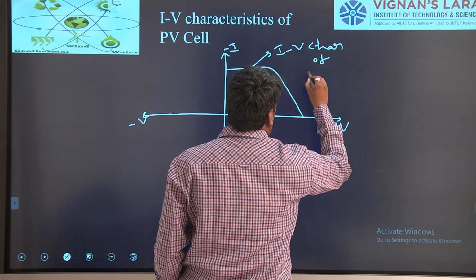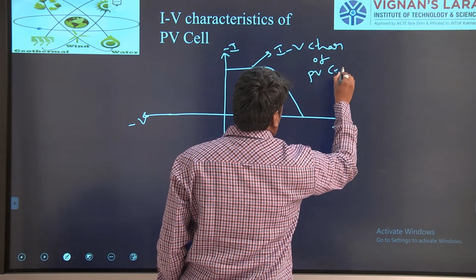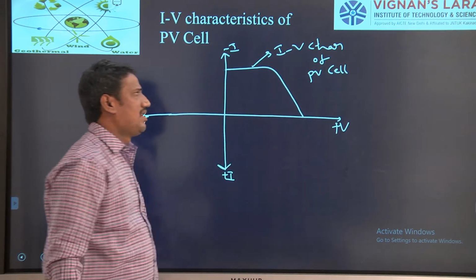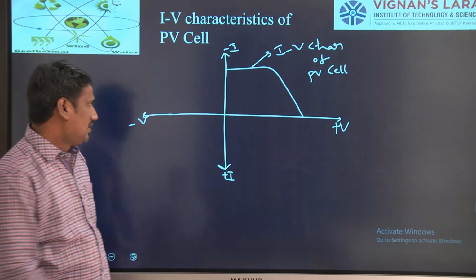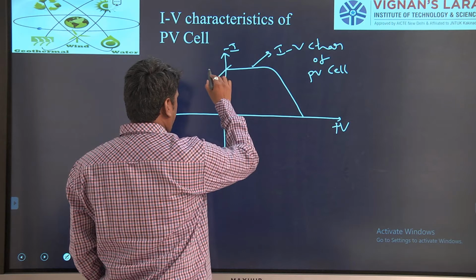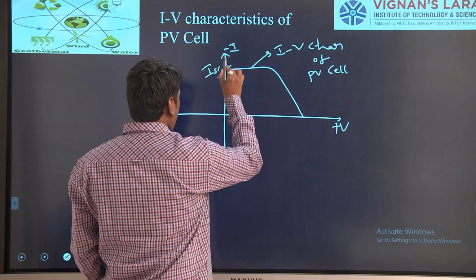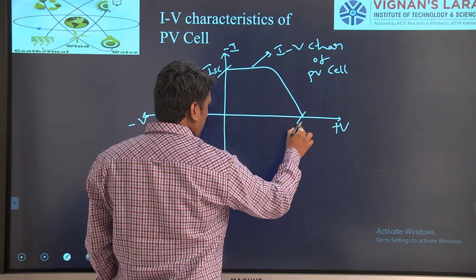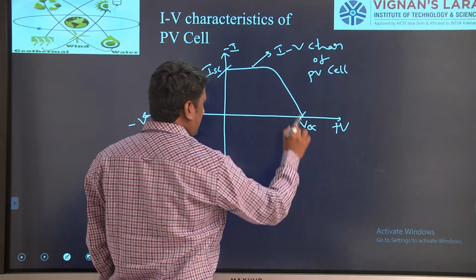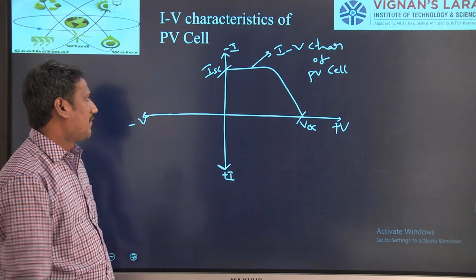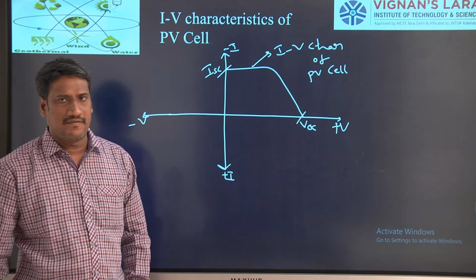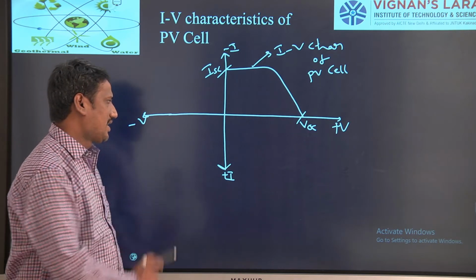Now this one I am calling as ISC, and this one I am calling as VOC. These are the final IV characteristics of a PV cell.